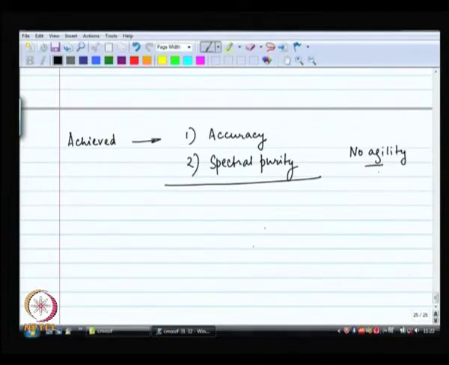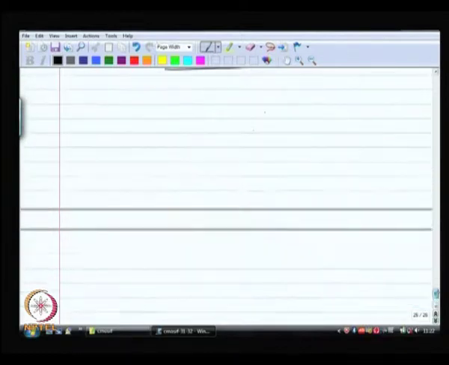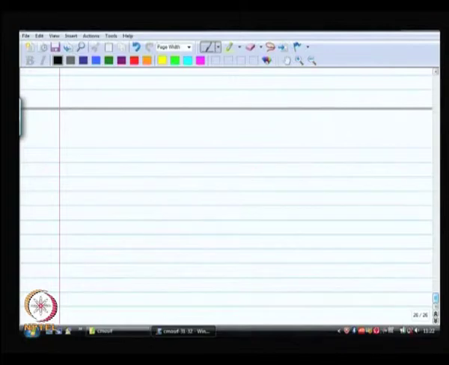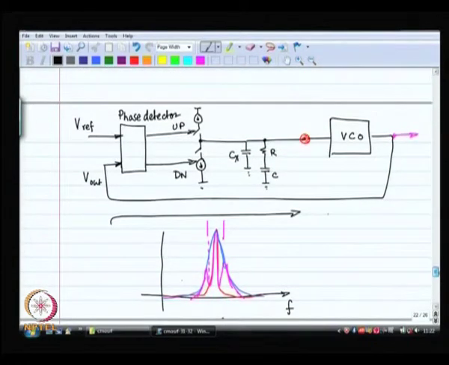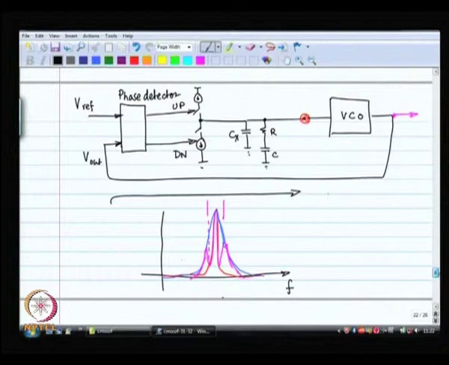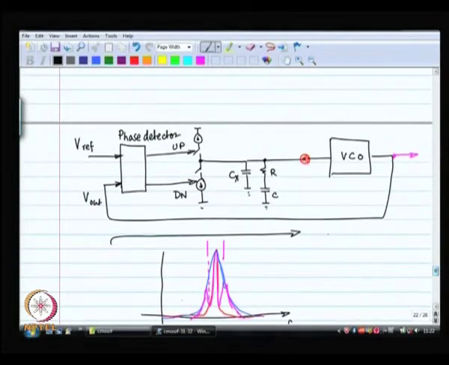Fine. Before I move on to the next part, I want to understand what is going on. First of all, does phase lock also mean that the oscillators will have the same frequency? Yes.